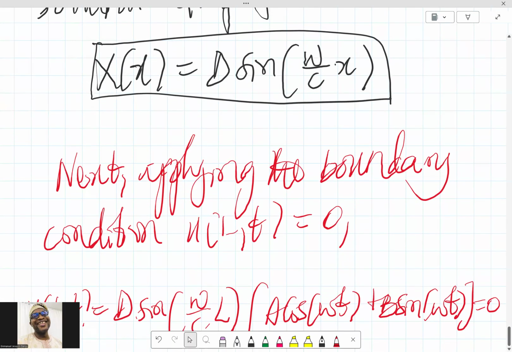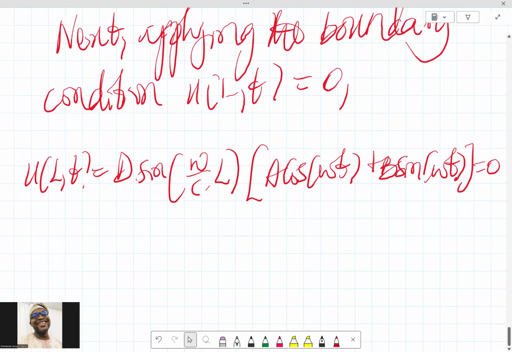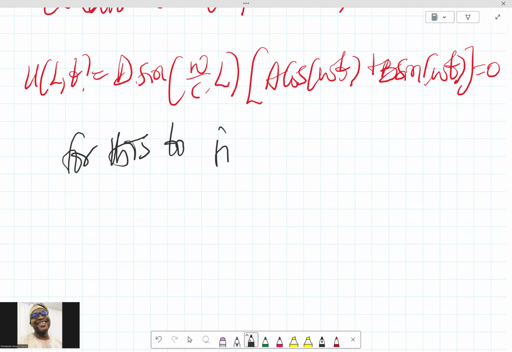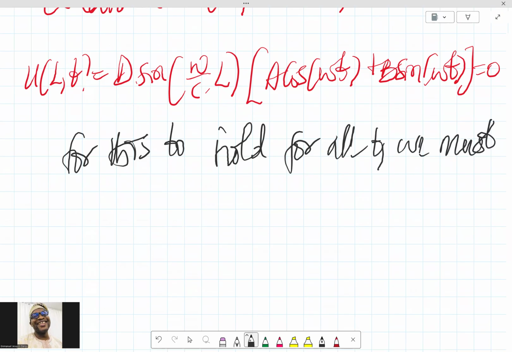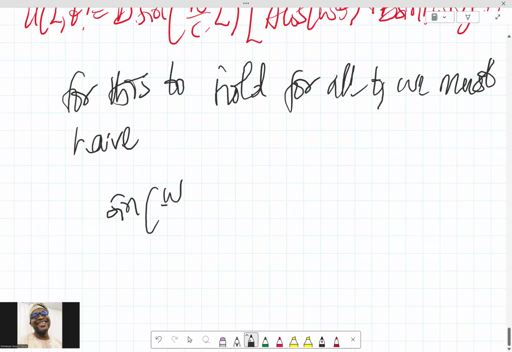So that's at the end of the rod, right? So we have 0. So all of this is 0. Again, for this to hold for all t, we must have that sine of omega over c times L must be 0.